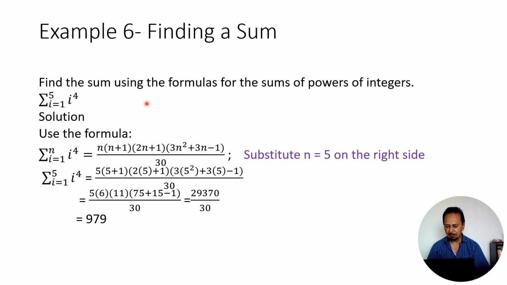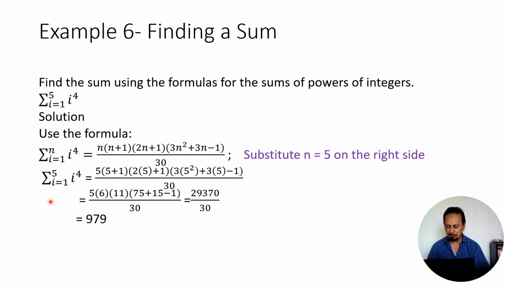Example 6. We're going to find the summation of i to the fourth, i from 1 to 5. So we write the formula. The summation of i to the fourth, i from 1 to n, is n times (n plus 1) times (2n plus 1) times (3n squared plus 3n minus 1) over 30. The upper limit is 5, so we substitute n is 5 where the n is.